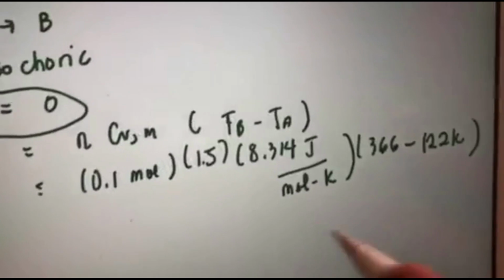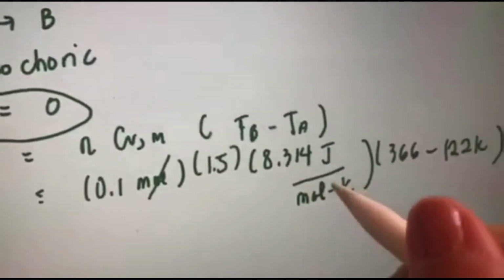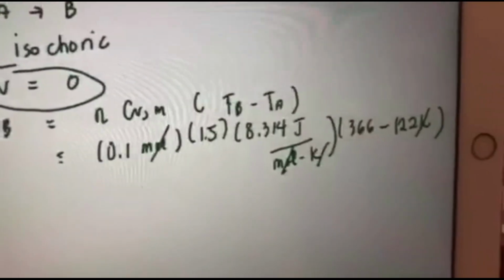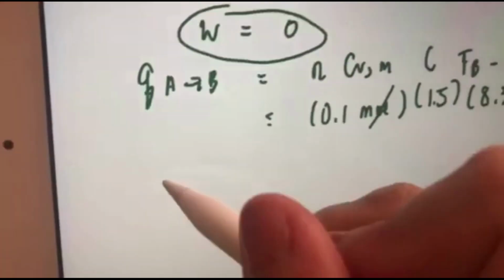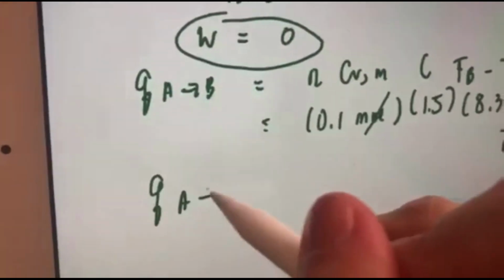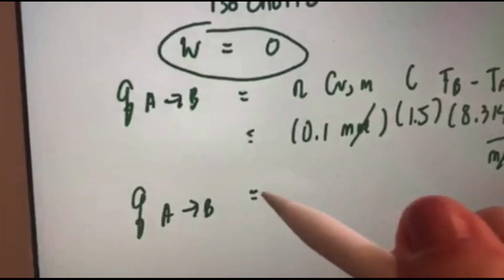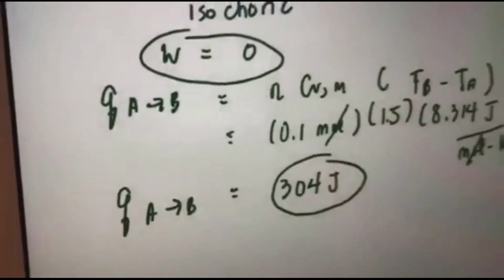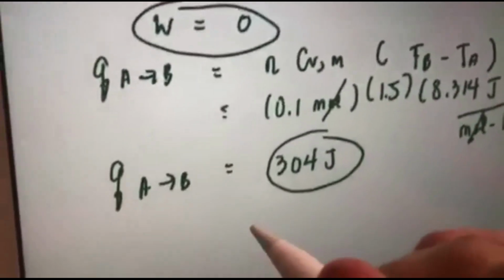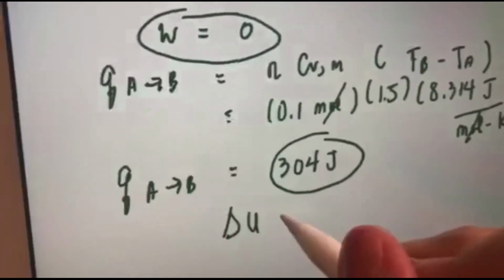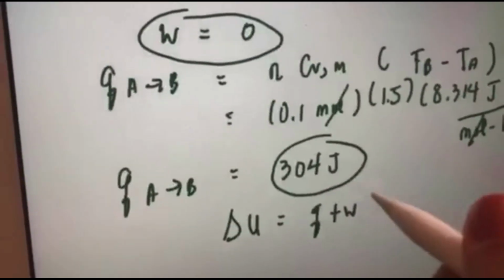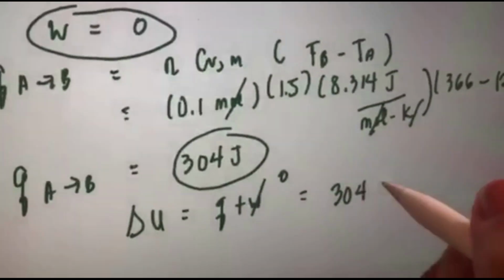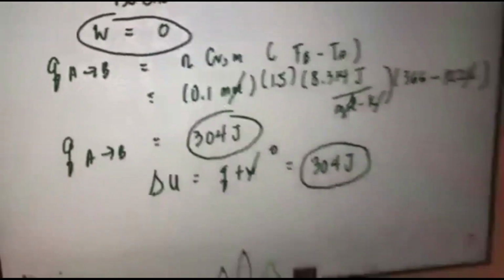Mole and Kelvin would be cancelled out. So QAB is equal to 304 joules. Now, applying the first law of thermodynamics, delta U is equal to Q plus W. Since W is equal to 0, delta U is equal to 304 joules.